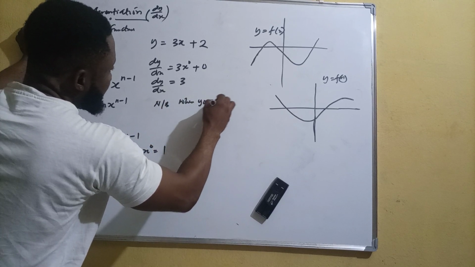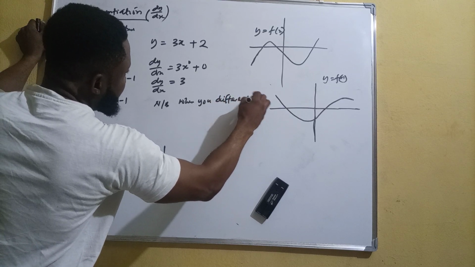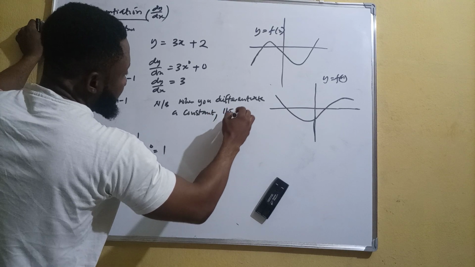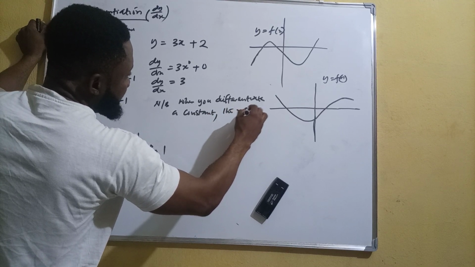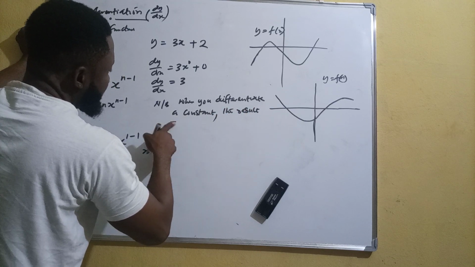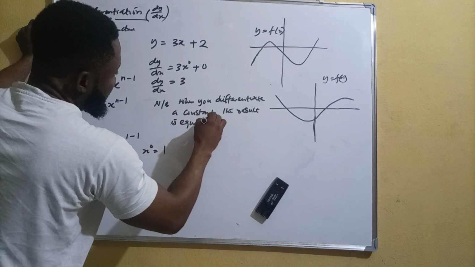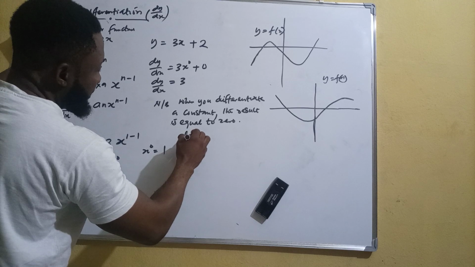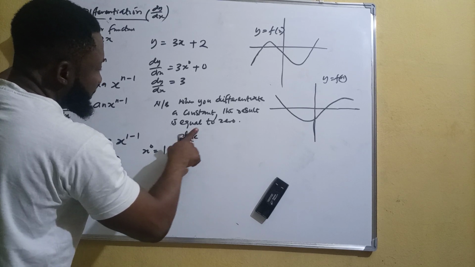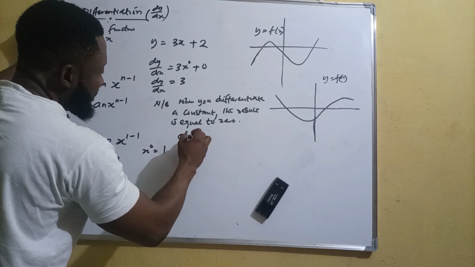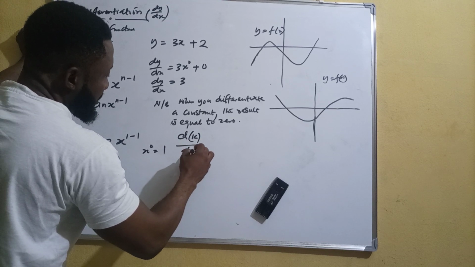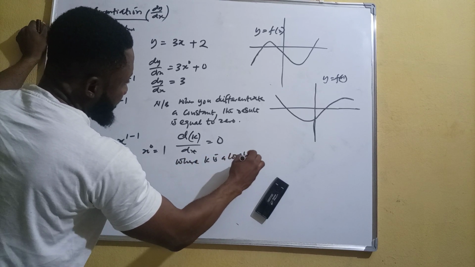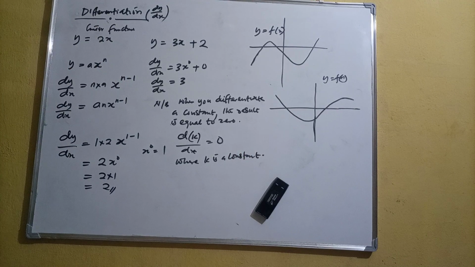When you differentiate a constant k, where k is a constant, the result is going to be 0.